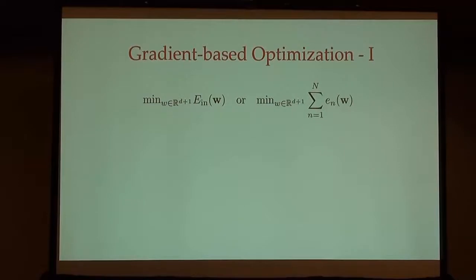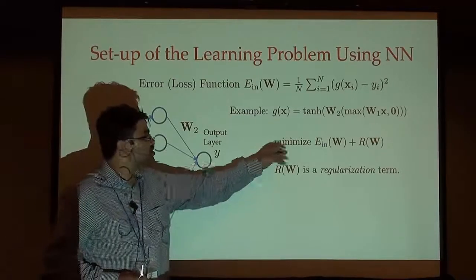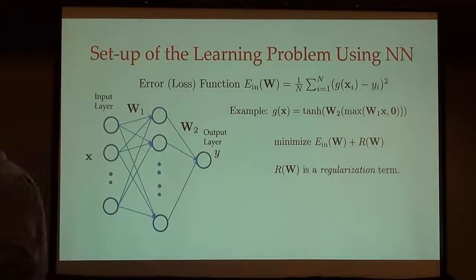Okay, so how do we optimize this function? It's an unconstrained minimization problem, right? And it's kind of high school mathematics: set the gradient to 0. However, we cannot write down the function in closed form, so you cannot set the gradient to 0.